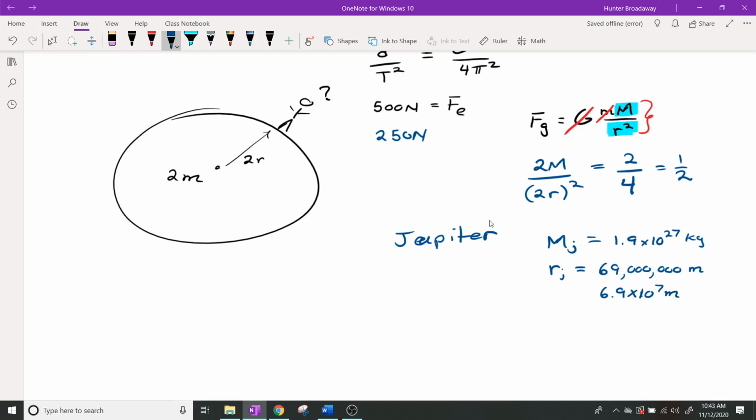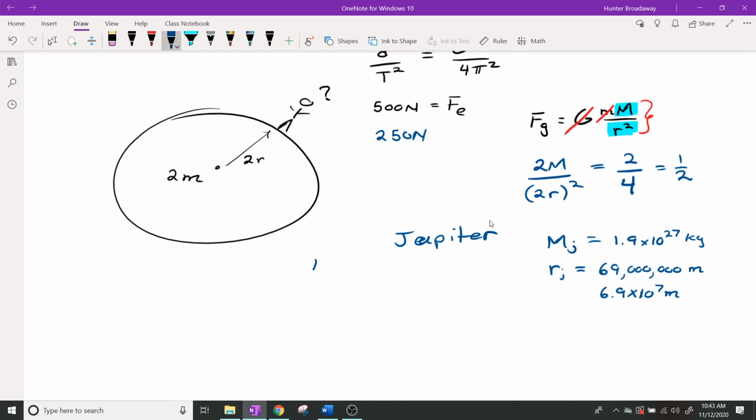Okay. So we should be able to find the force of gravity using the radius and the mass. So we can use this to find out how this relates to the Earth. Let's look at the Earth, and we're going to use these as comparisons.